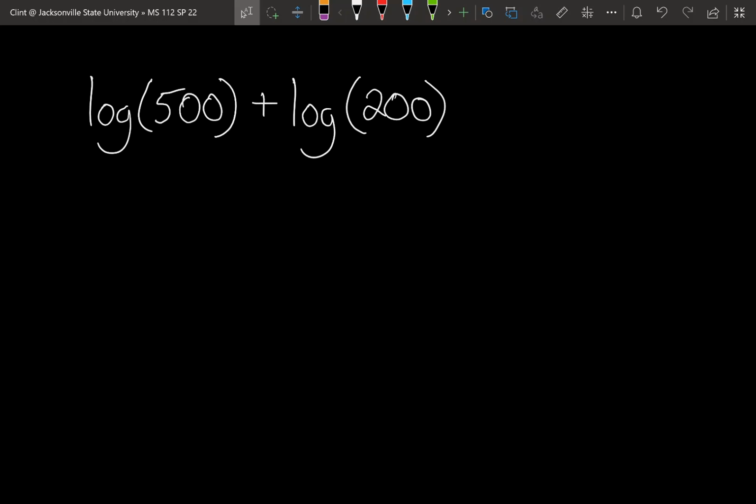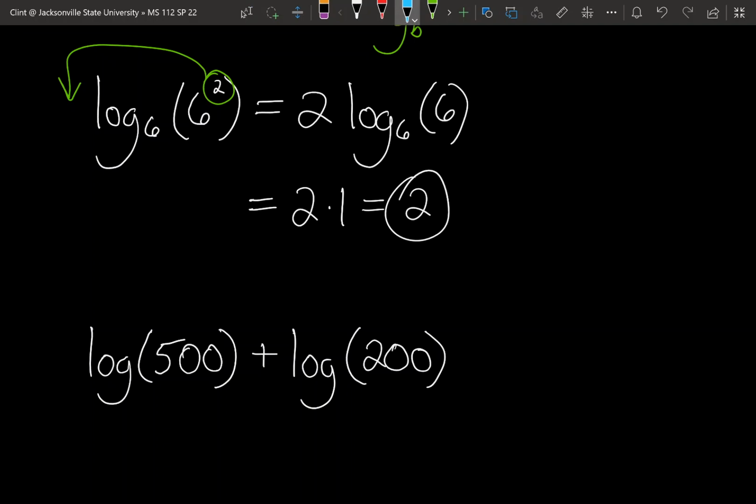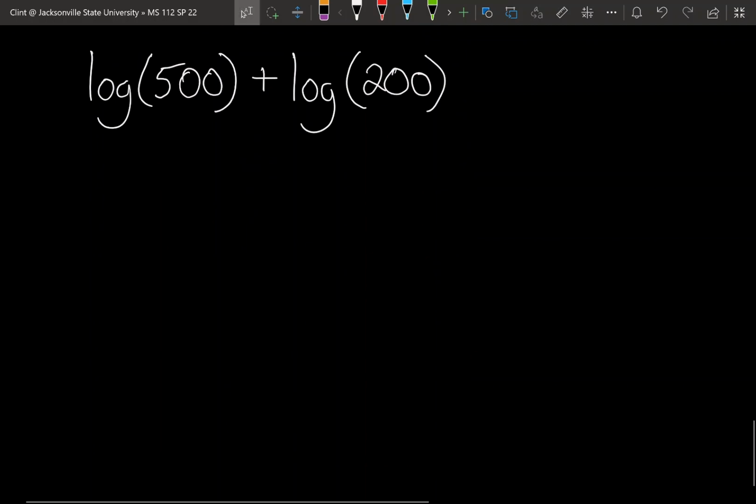If it doesn't have a base written, it's base 10. Looking at the base gives you a good hint on what we're trying to end up with, because usually when we're going to come up with a number as our answer, we want to end up with a situation where our base matches what's inside, or matches some power of what's inside. On this one, it's base 10, so a pretty good guess is we want to end up with log of 10 to some power.